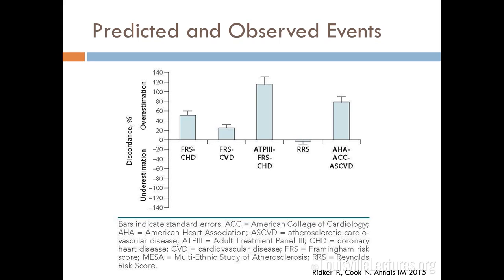The guidelines, which I would argue is the most commonly used, was well over 100% overestimating how many events. We saw many fewer events than were predicted by this. The Framingham risk score performed very well. You can see it is hard to predict the future, and this is almost spot on. And the new risk score arguably really didn't do much better than the older ones.